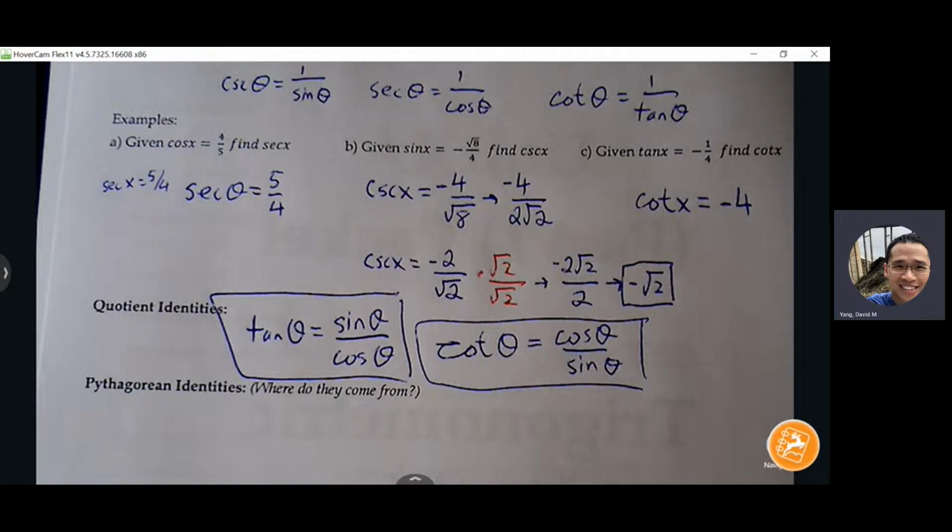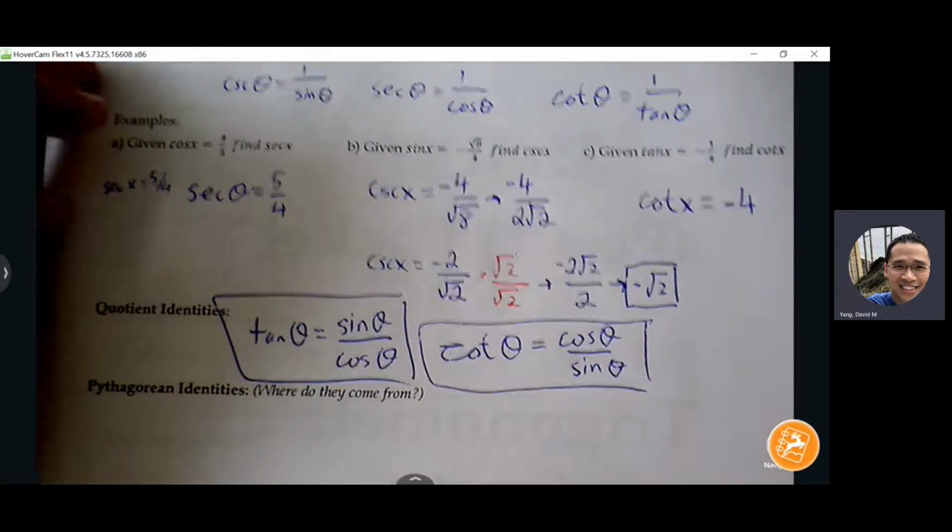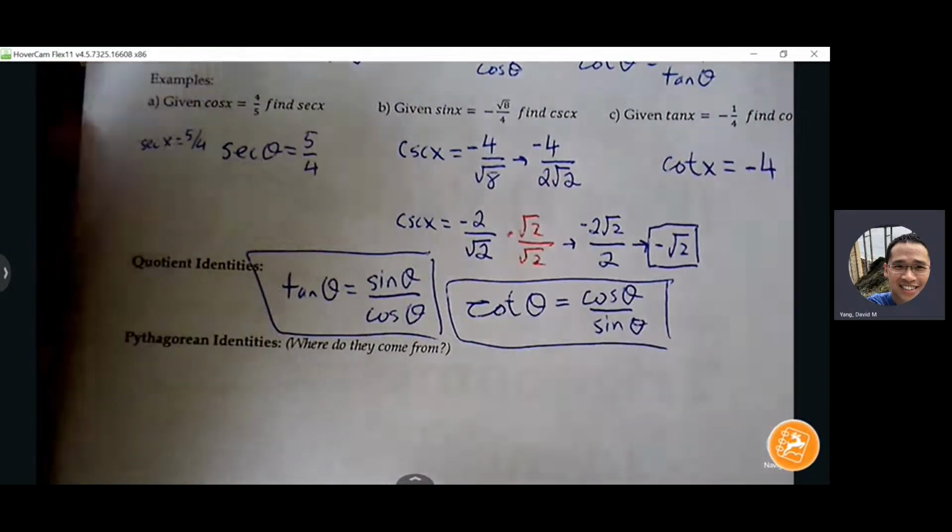Okay, Pythagorean identities. These come from the Pythagorean theorem.